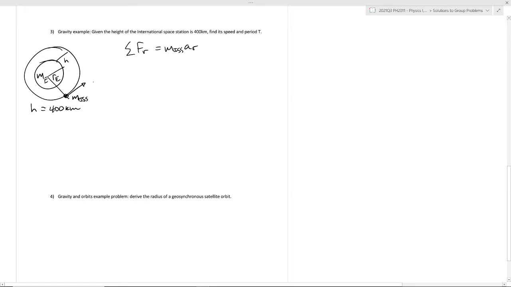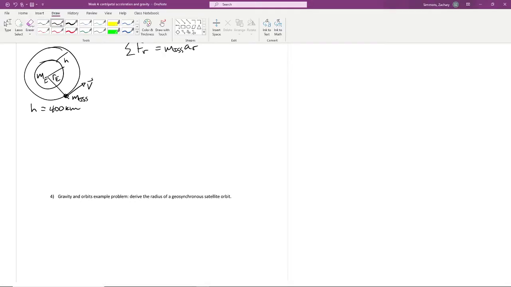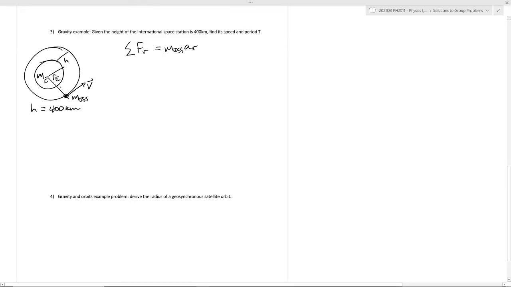This would be traveling at some v. Add in also a vector to indicate the centripetal acceleration, as well as a vector to indicate the force. So in this case, this would be the force of gravity that's providing the centripetal acceleration.